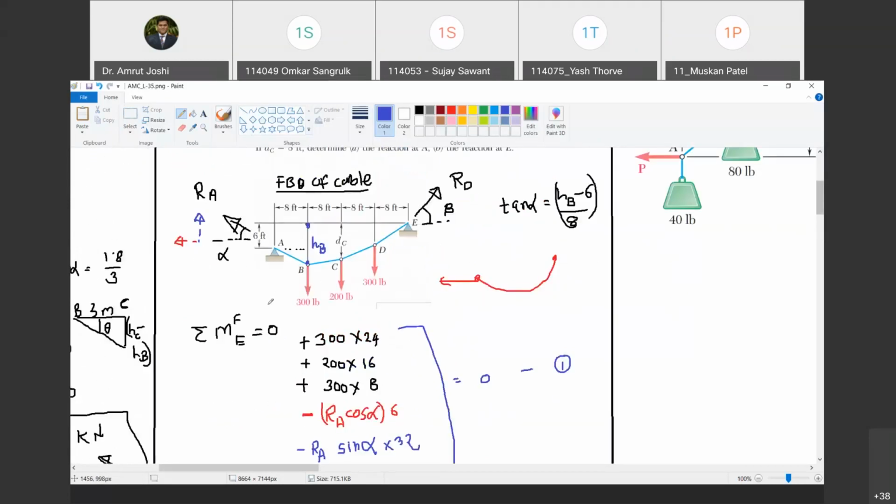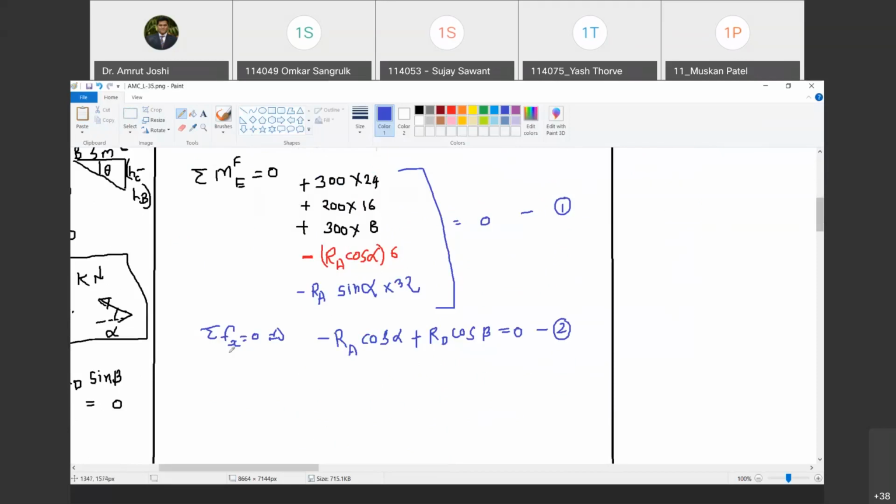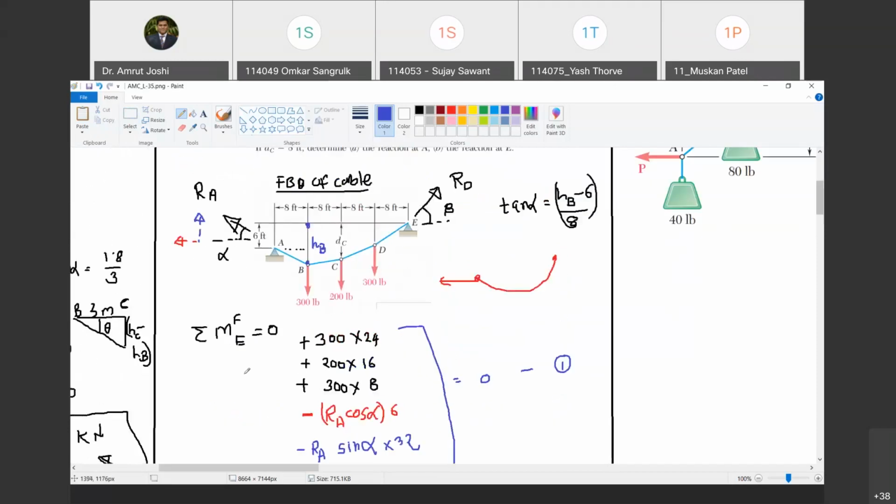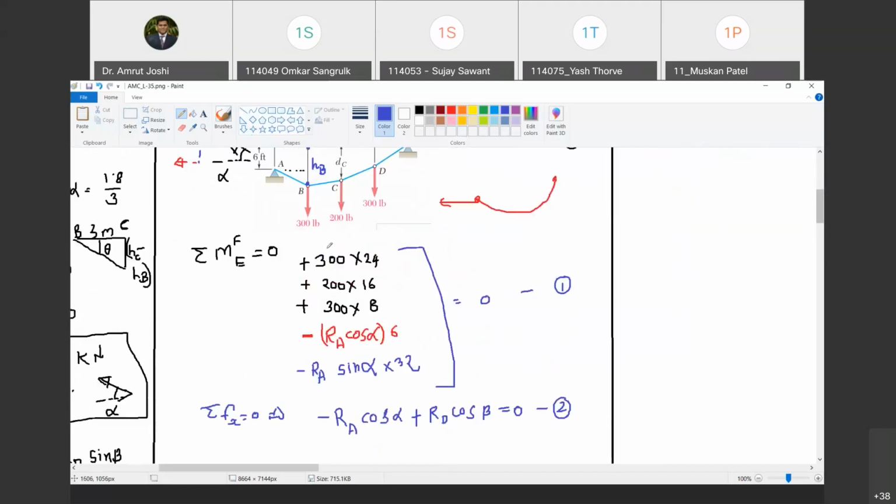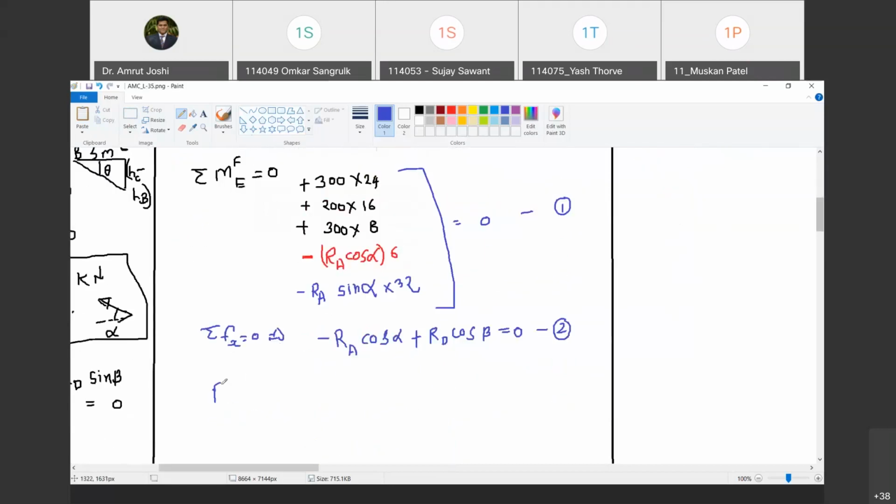Yes, sir. And now what is the third equation that we are going to get? The third equation is summation Fy equal to 0. This implies what? Chalo.